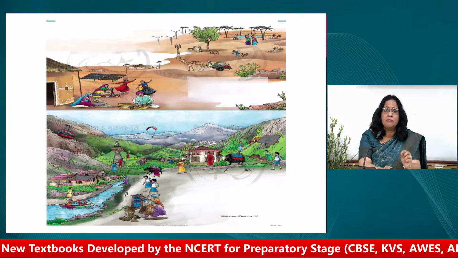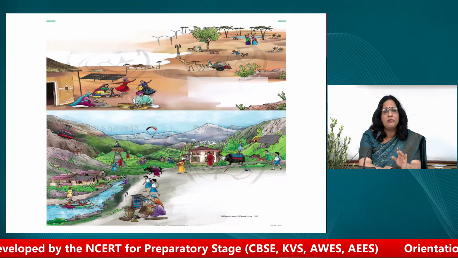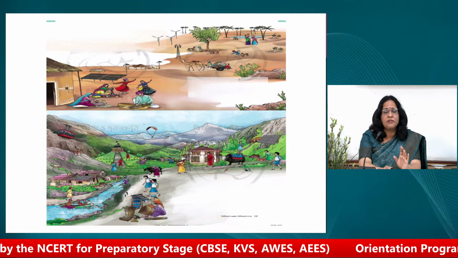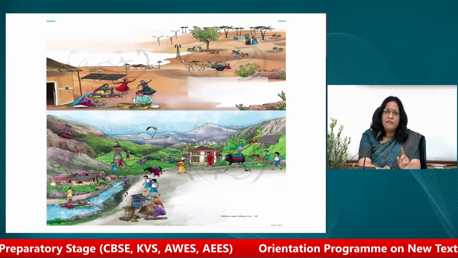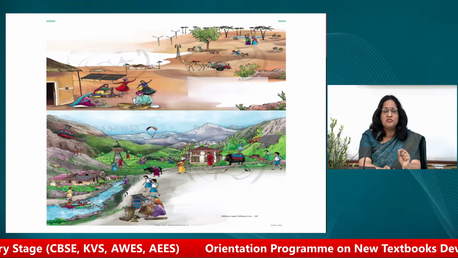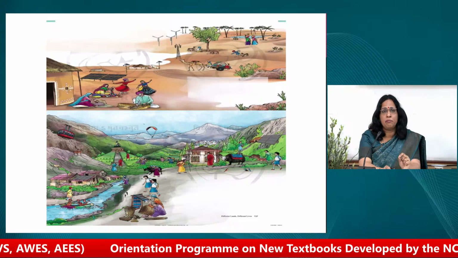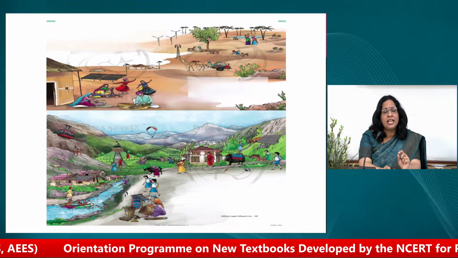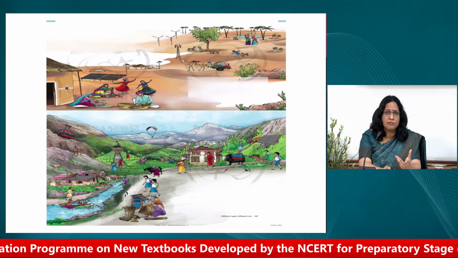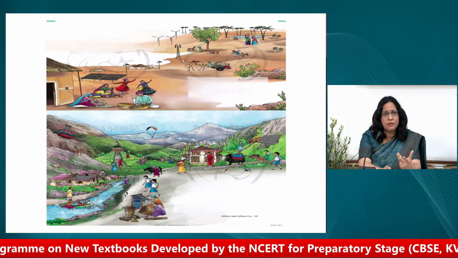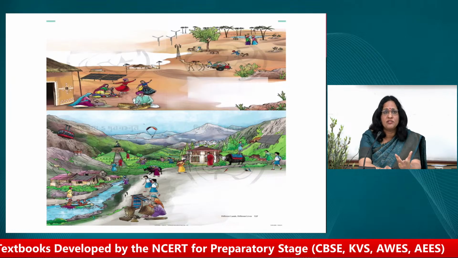We are asking them to note down the experiences they had when they visited certain places, but we are also careful that even if they have not gone away from their own place, they observe certain specific elements of that particular landform and the people who live there. It's not only people, even the plants and animals. Through these chapters we are trying to bring out the interdependence of different natural elements and humans as well.